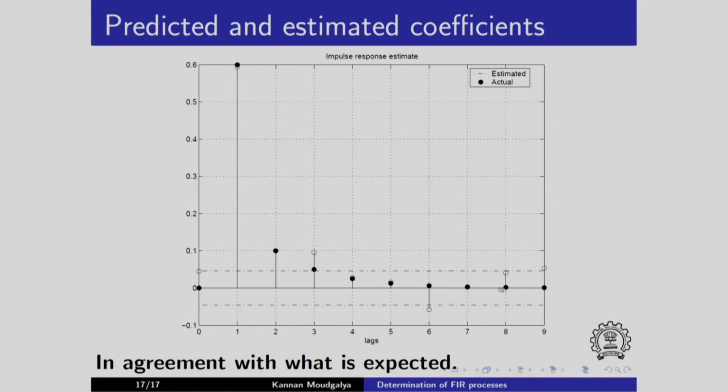In fact, they are the same. There is no difference between them as far as statistical properties are concerned. As a result, we say that this is in agreement with what is expected.